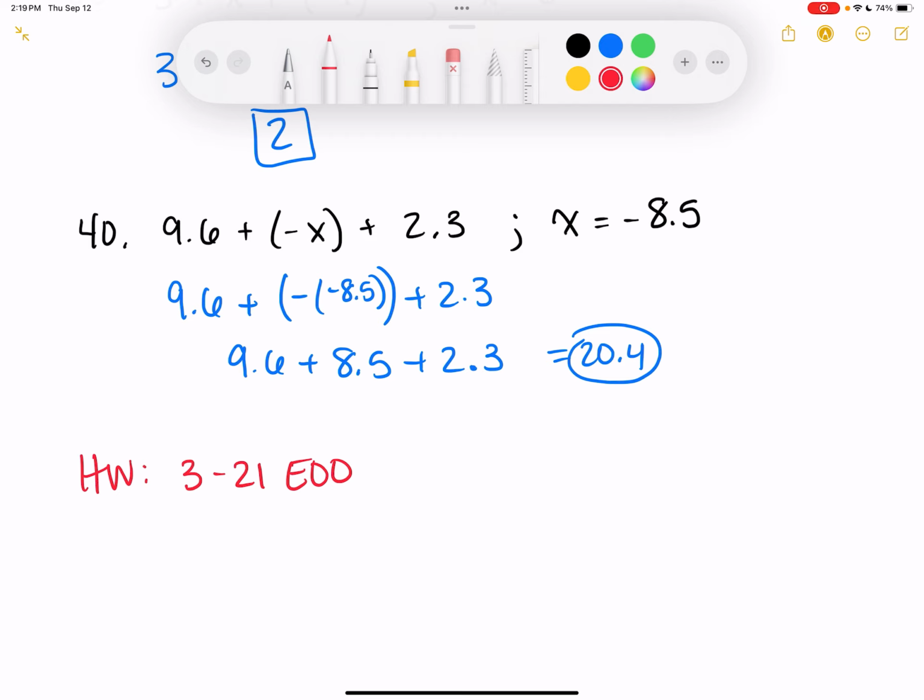You skip. 3, skip 5, 7, skip 9, 11, skip 13. And then 27, 29, 31, 35, 37, and 41.